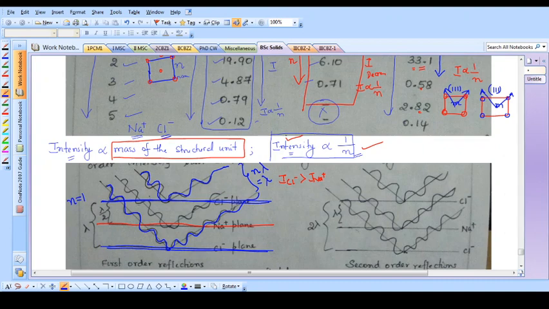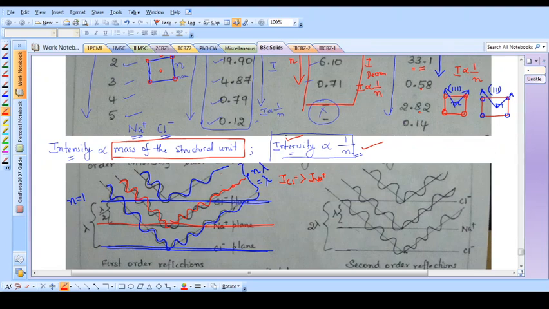But here, in addition to the X-rays reflected from the two chloride planes, you have X-rays falling even on a sodium plane and being reflected. The X-rays reflected by the sodium plane superimpose with the X-rays reflected by the chloride planes.